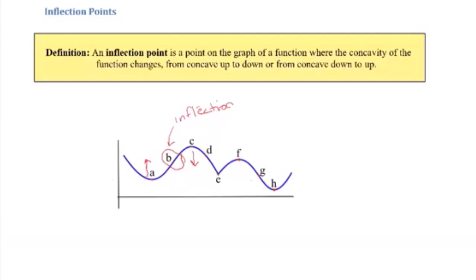D actually looks like all of this is concave down, until I get to G. C is a cusp, but everything is opening down until G. I'm thinking G is my inflection point.